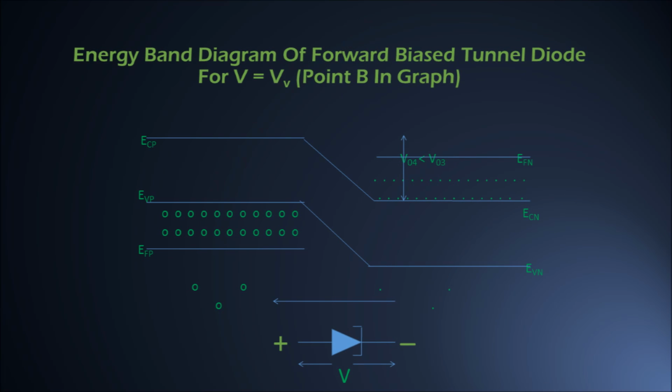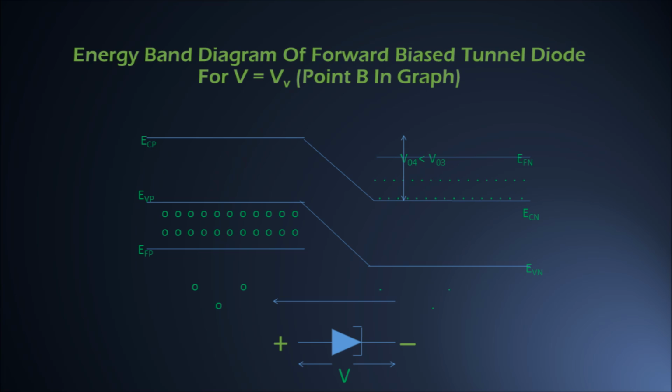When voltage becomes equal to that corresponding to the valley in the volt-ampere characteristic curve, in this situation, the conditions of quantum mechanical tunneling are not satisfied, and theoretically it is expected that the current value should be 0.